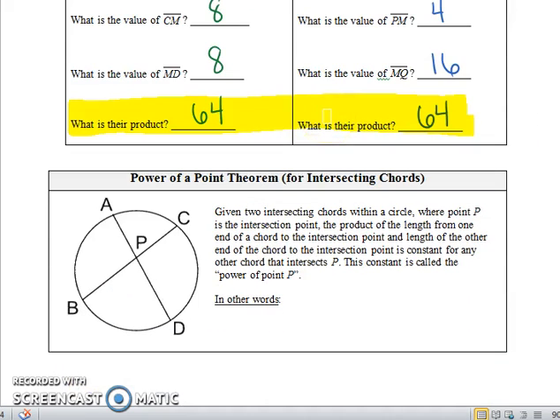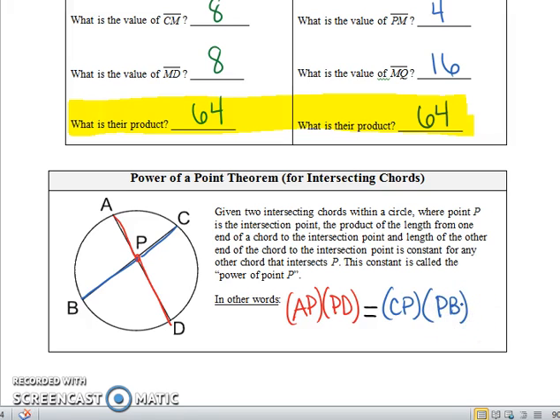The power of a point theorem says given two intersecting chords within a circle where point P is the intersection point, the product of the length from one end of a chord to the intersection point and the length of the other end of the chord to the intersection point is constant for any other chord that intersects point P. So this is called the power of point P. So basically what this is saying is if you take the length of segment AP and you multiply that with the length of segment PD, that will always equal the length of segment CP multiplied with segment PB.